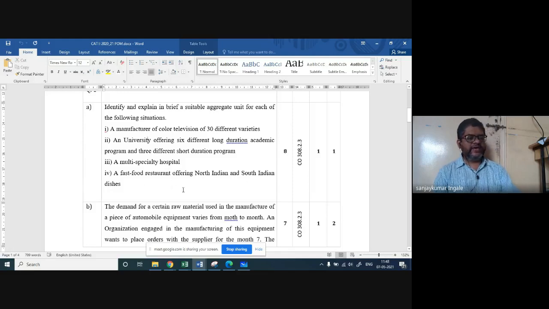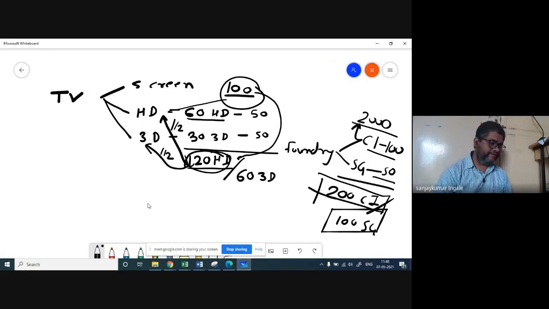Now the next example: a fast food restaurant offering North and South Indian dishes. You may say that for that restaurant we can prepare around 150 dishes. But out of that, North Indian may take more time.